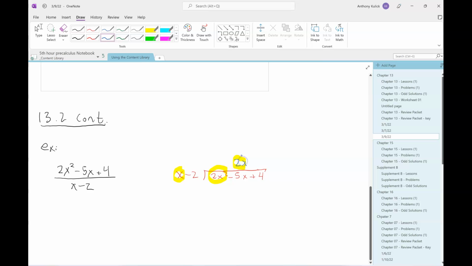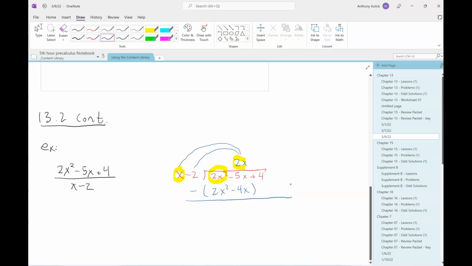So I'll put that there, and I'll multiply to the entire divisor. And I'm going to write the result underneath. So far, so good. We then subtract down.